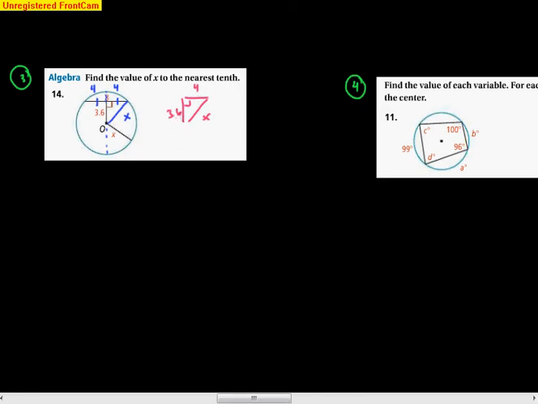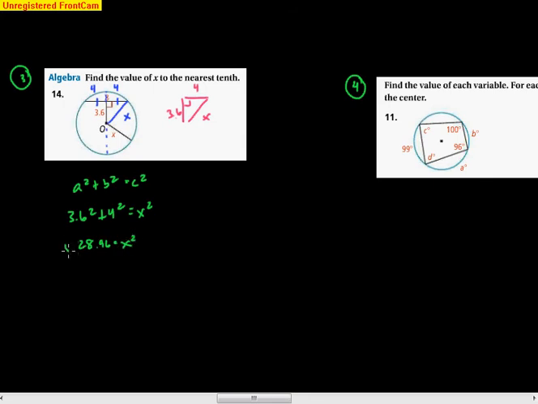And I want to find x using the Pythagorean Theorem. A squared plus b squared equals c squared. My hypotenuse is x, so let's go 3.6 squared plus 4 squared equals x squared. 3.6 squared plus 4 squared equals 28.96.